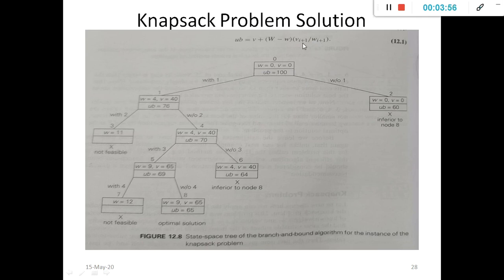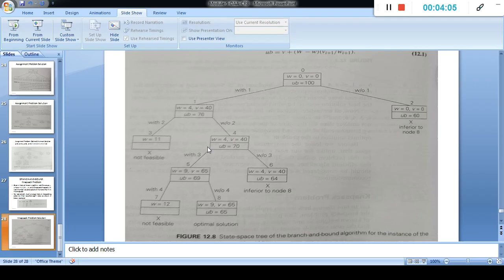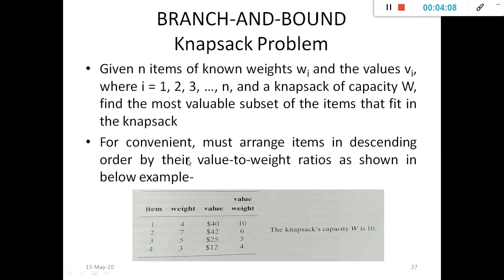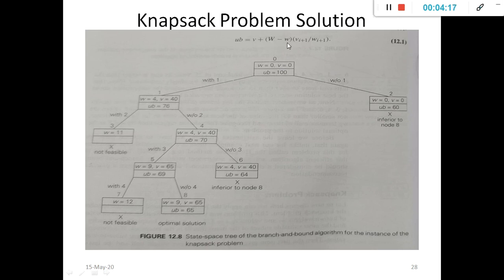That is the next item you want to choose, which here is item 1, with ratio 10. So 10 minus 0 is 10, into 10, and you will get the new upper bound value equal to 100 when no item is placed into the knapsack. Easily you can calculate this from the equation, and this is the upper bound value at node 0.